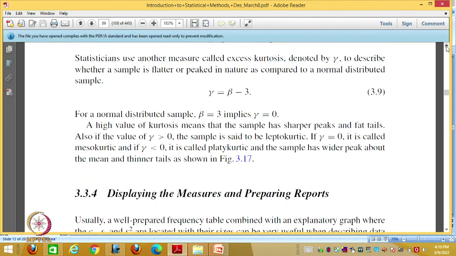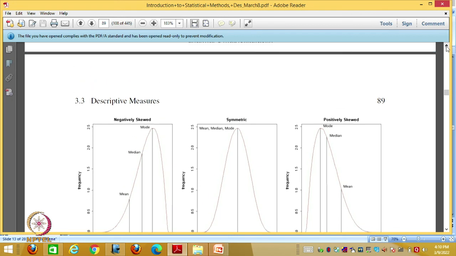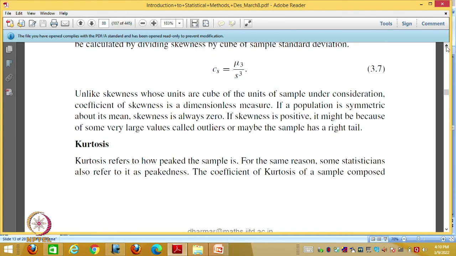Okay. One more measure which I want to emphasize is kurtosis. So, the sequence is mean, variance, then skewness, then kurtosis. In between you have median, mode and coefficient of variation, but the main things are mean and variance, and if you want, the higher order moments.